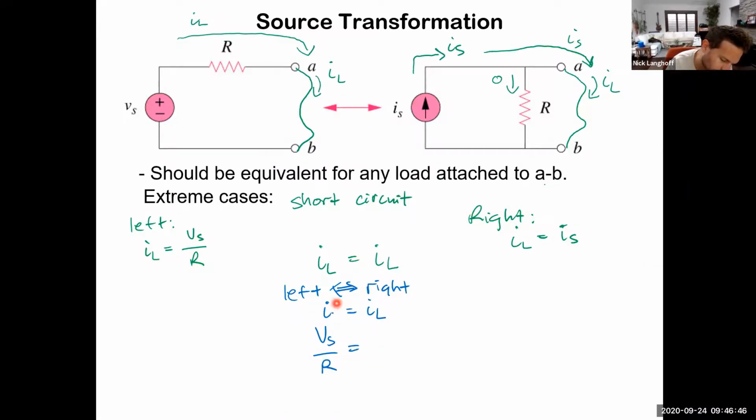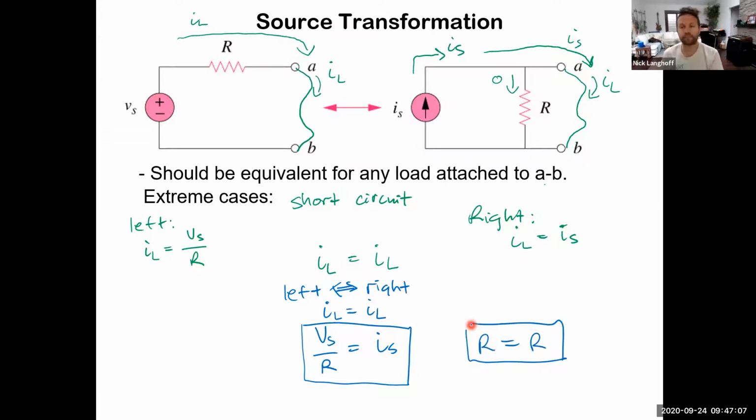This is IL on the left side, must be equal to IS. And as it turns out, that's how you transform between a voltage source and a current source. And it also turns out that the resistance is the same resistance, R.